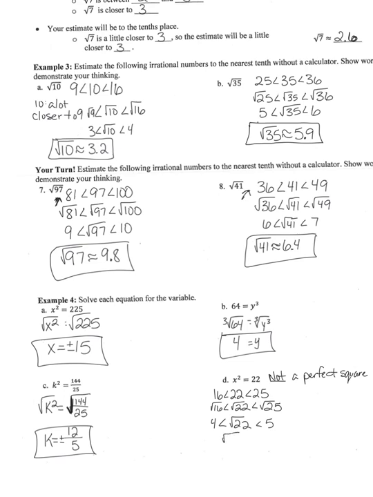So estimating it here, the square root of 22 is approximately, let's say 4.7. And again, as I've said before, if you were to have worked this out and you told me that the square root of 22 was approximately 4.6 or maybe 4.8, I would count those as correct.